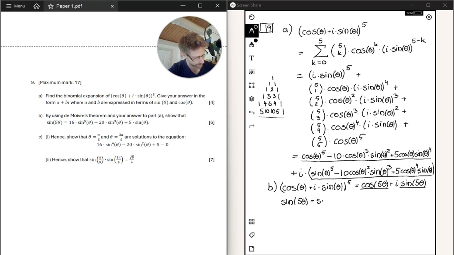So it's equal to sine of theta to the 5 minus 10 cosine theta squared sine of theta cubed plus 5 cosine of theta to the 4 times sine of theta.